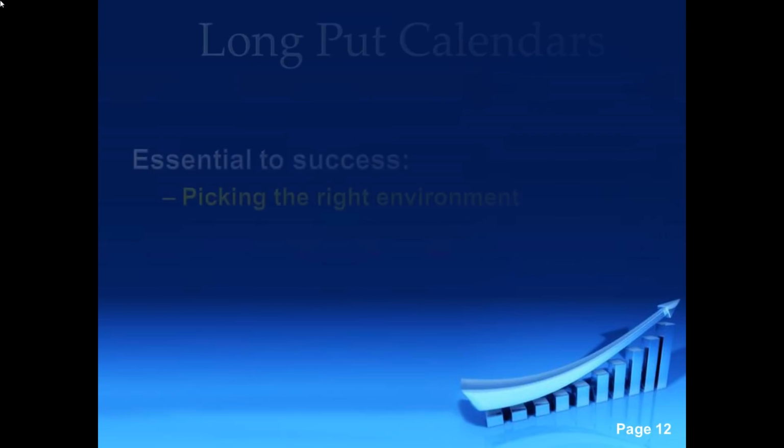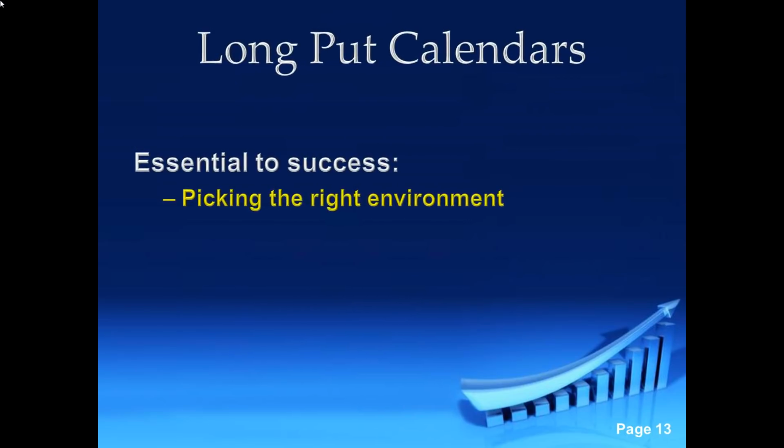All right, so essentials to success. This is what I'm talking about with the checklist. We have to go through this checklist every single time to determine if this strategy is appropriate. And picking the right environment is going to be one of the most important things to discern on any strategy we look at.